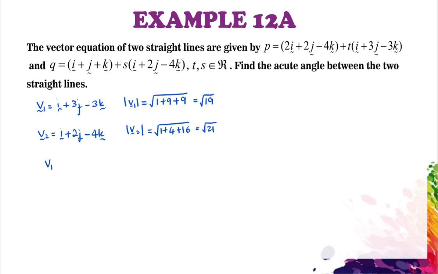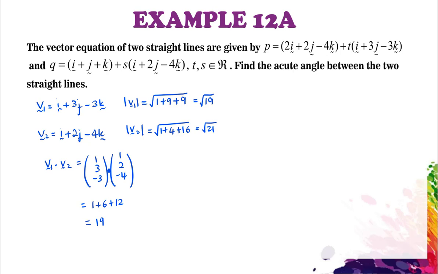Then, we have to find the dot product of v1 and v2. So we're going to have 19.